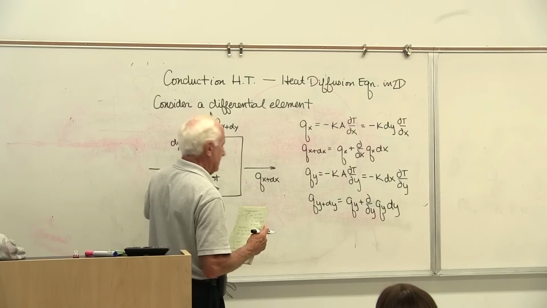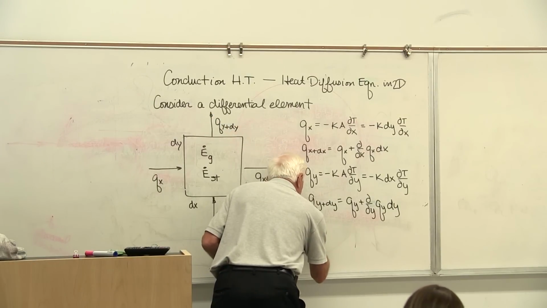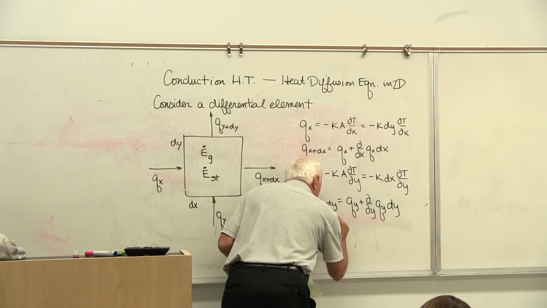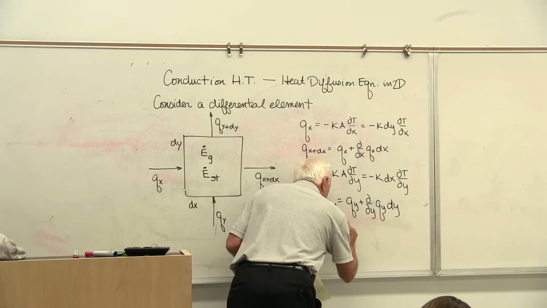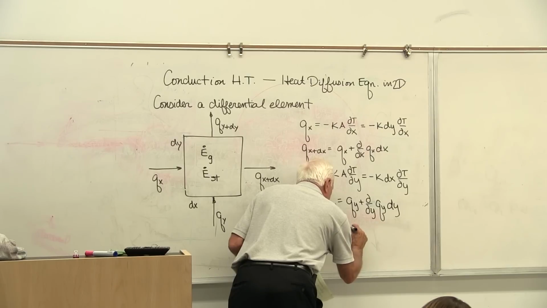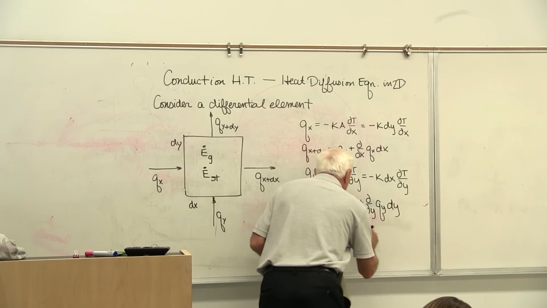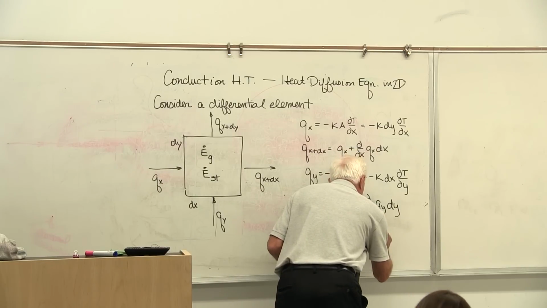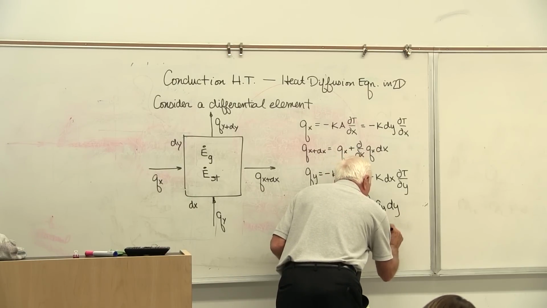Okay, now let's do the E dot gen. We bring a new term in. It's q dot times the volume. The volume of that little differential element is dx times dy times 1.